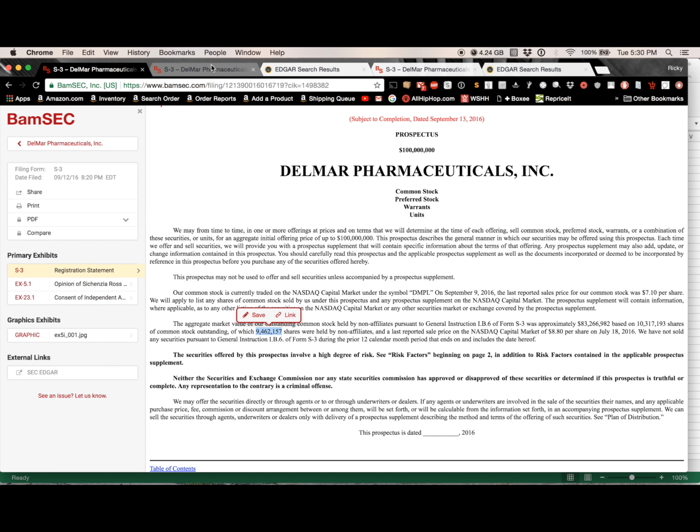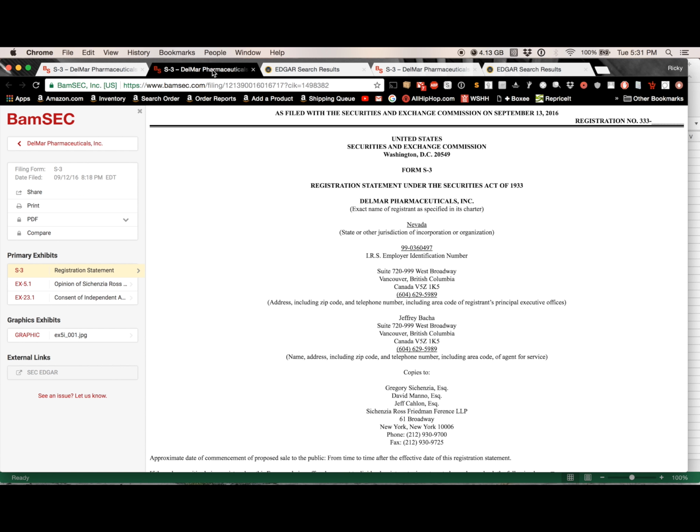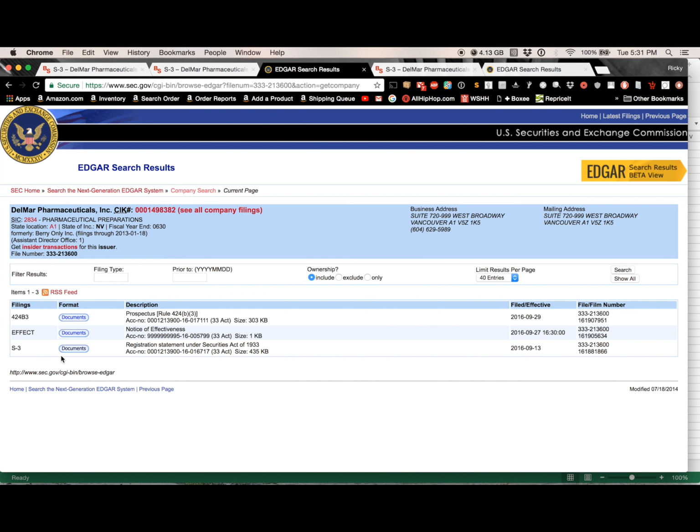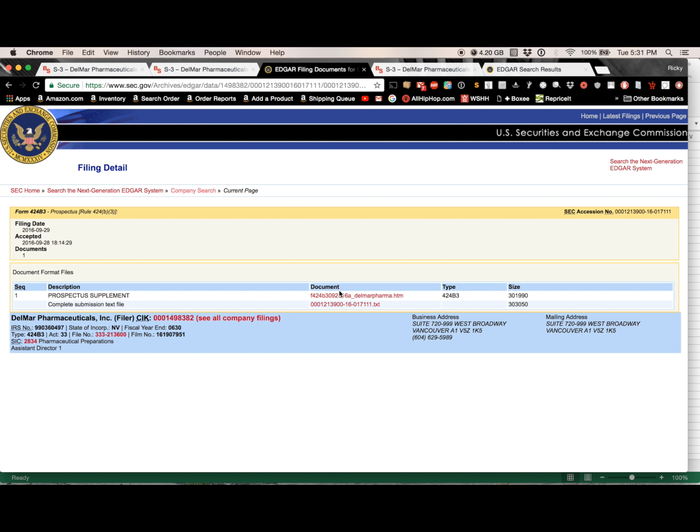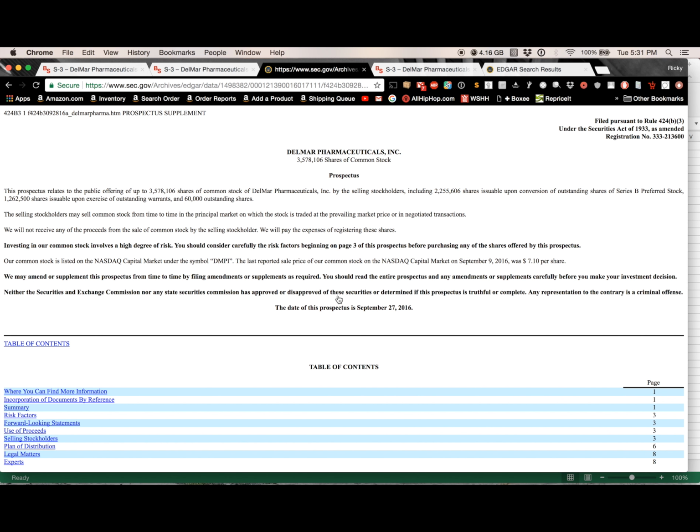So let's look at the first of the 2 S3s. This one only has 1 supplement attached to it. They only did 1 offering with it. The S3 is for like 3.6 million shares or something. Yeah, and they did the whole thing. They used all the registered shares for that S3 in 1 financing.